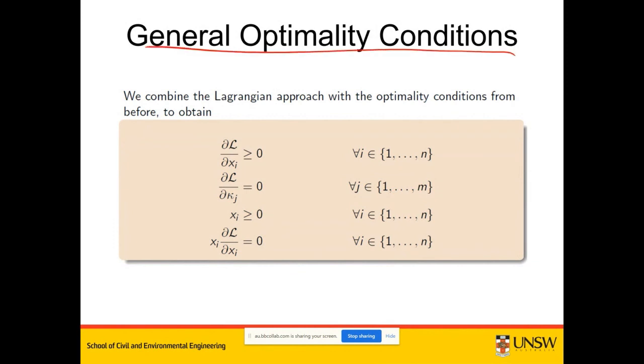Remember this? If you have an objective function with more than one decision variable and you have a linear constraint, you put together the Lagrangian function.